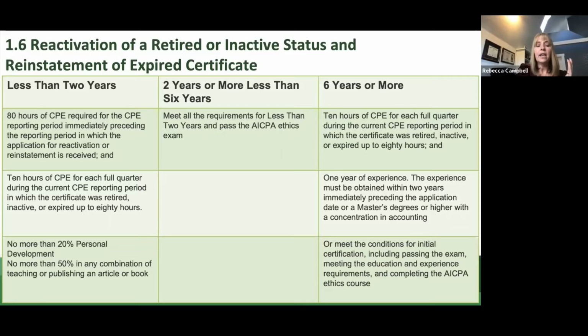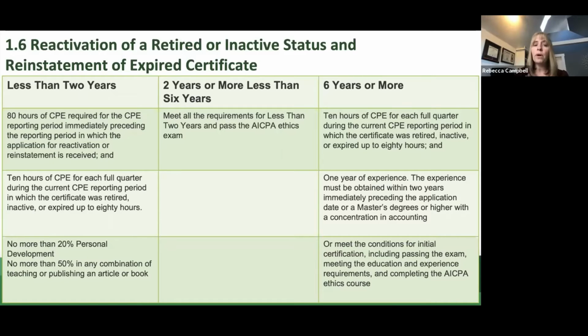And then there are 4 quarters that have already passed in this year, so I have to get 40 hours, okay? So now I'm at 80 hours and 40 hours, so 120 hours to reactivate. No more than 20% personal development and no more than 20% in teaching or publishing an article.